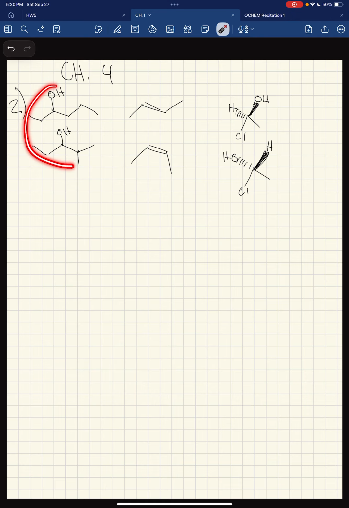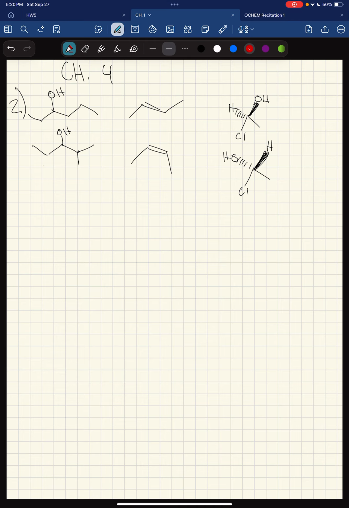But if I understand correctly, a constitutional isomer, right here, is going to have the same exact molecular formula, but different atom connectivity. So this is 1, 2, 3, 4, 5. 1, 2, 3, 4, 5, 6. Hexane.